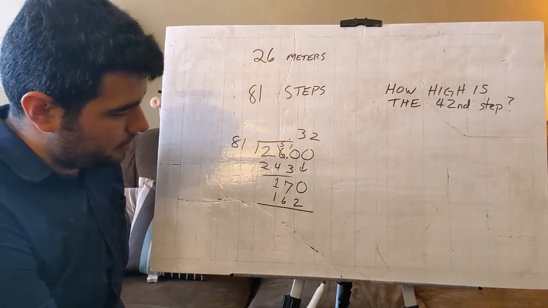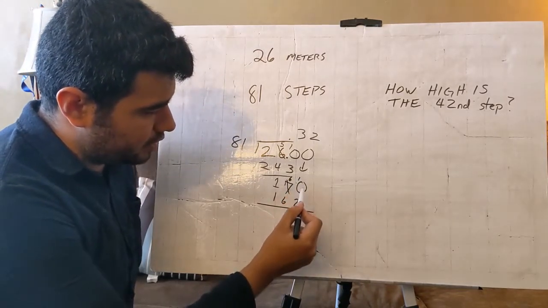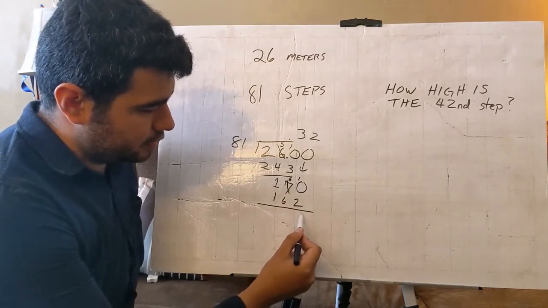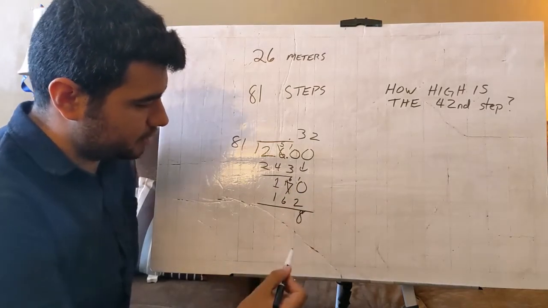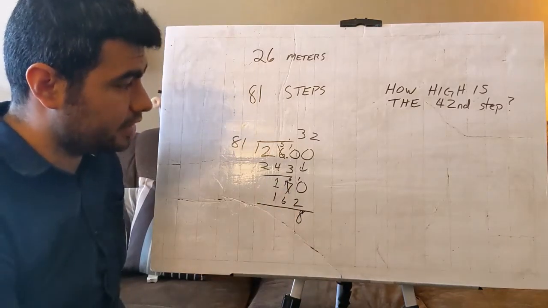For here, I can't do that, so I'm going to borrow. 10 minus 2 gives me 8, and I get 6 minus 6, which is nothing, 1 minus 1, which is nothing.